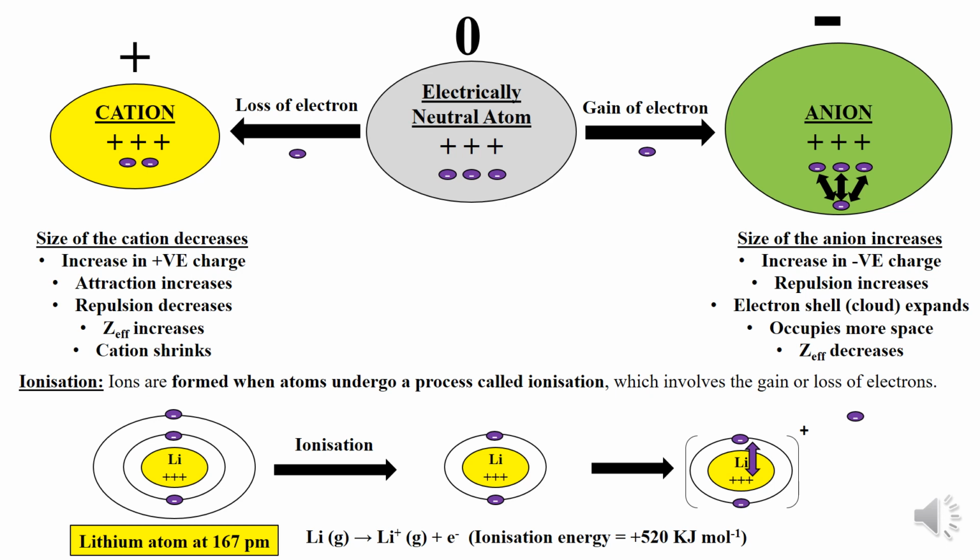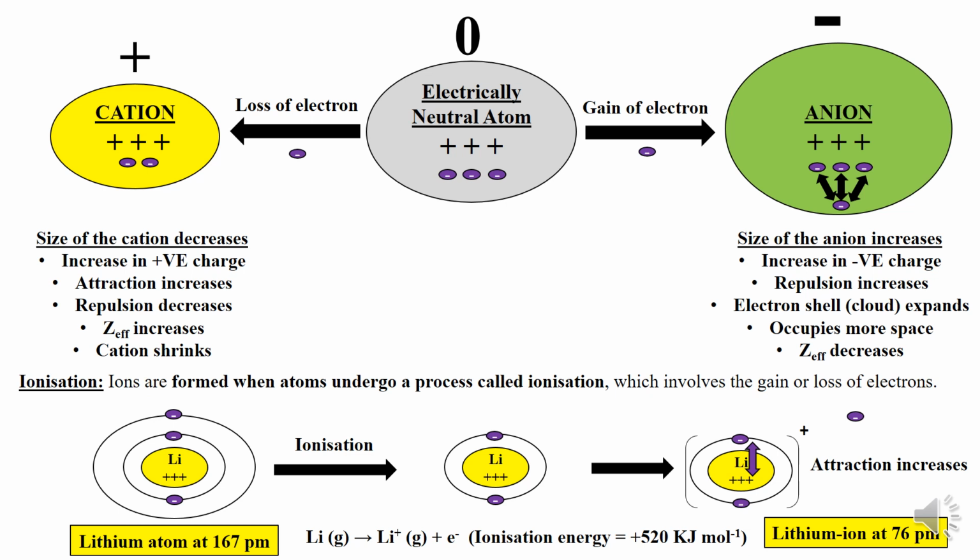And after the electron is lost, you can see the number of protons is more than the number of electrons, and that leads to an increase in the attraction, and as a result, the size of the resultant lithium ion decreases.